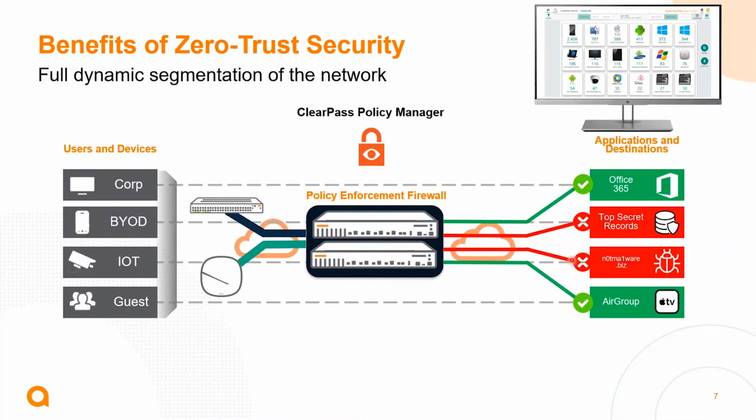So we can do that. Also, we can segment the IoT devices we have in the office like cameras, printers, TVs, or anything else. Okay, so this is the good thing about zero trust security.